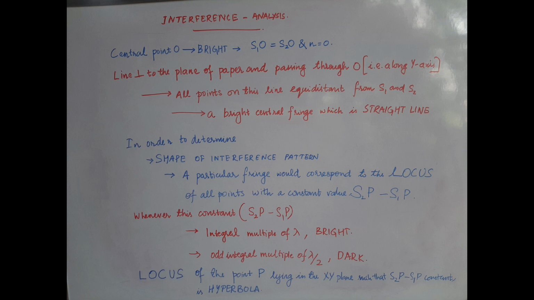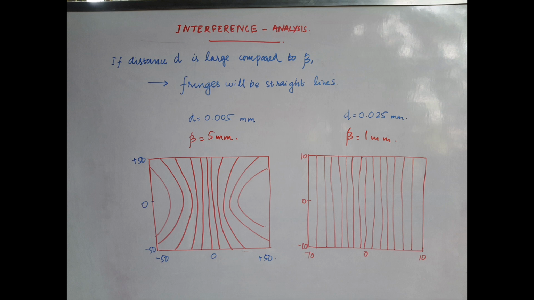Considering that the distance between the slits and the screen, capital D, is very large, we take the condition where the distance between the slits is very small compared to beta, so that the fringes will be straight lines.